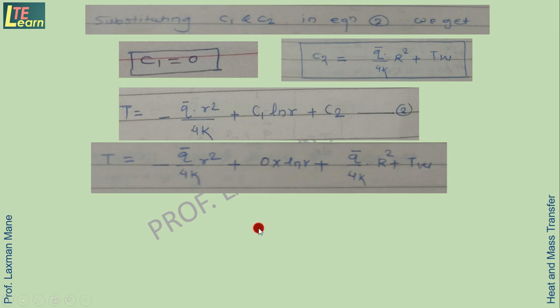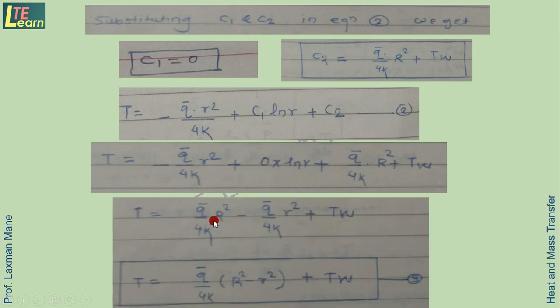So T is equal to q by 4k minus q by 4k r square. This is a negative term, and this is a positive term, that is q by 4k into R square. This is Tw. Now we take q by 4k common, so we find in the bracket capital R square minus small r square. So this is equation number 3.